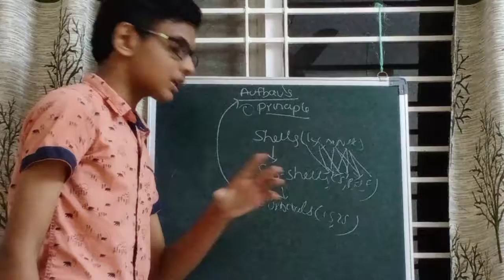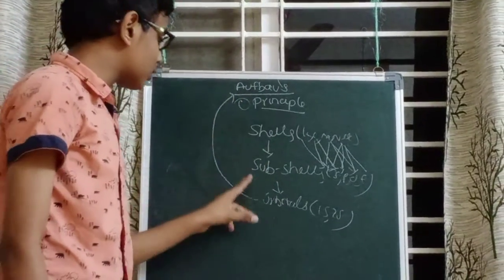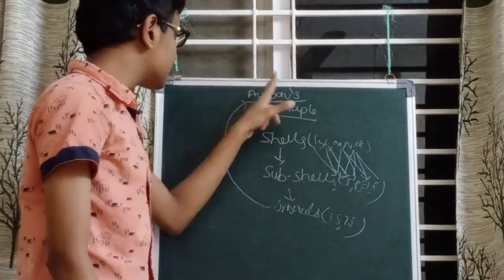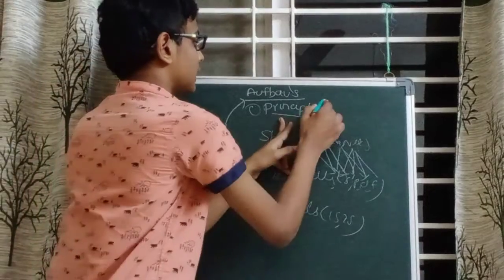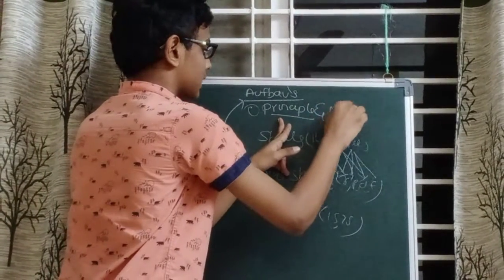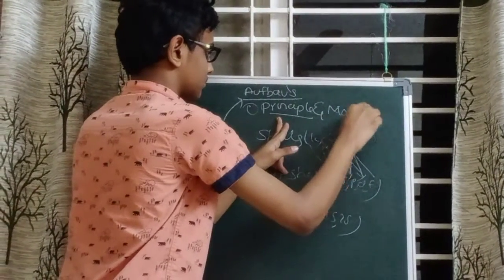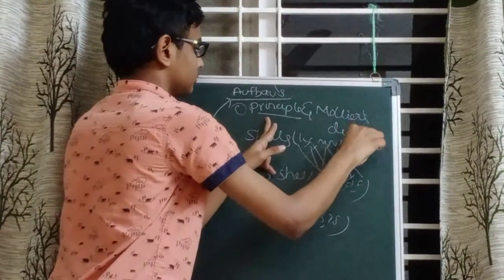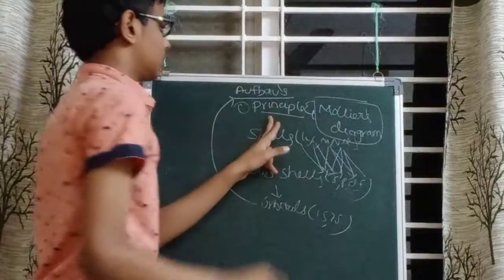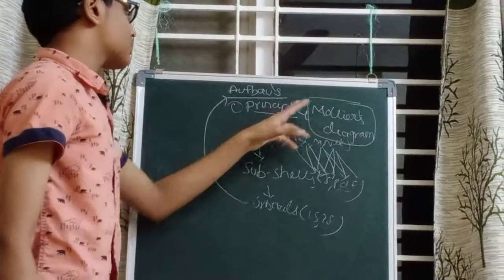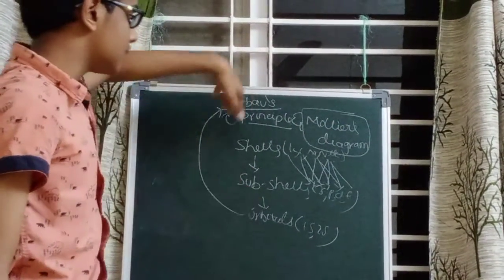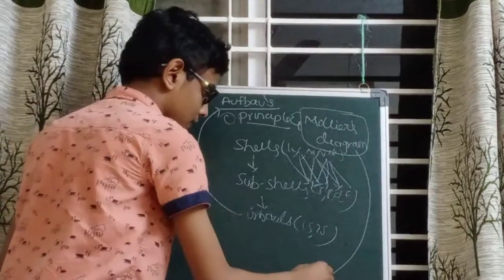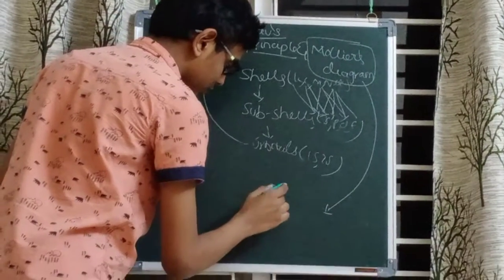These orbitals are required for writing the electronic configuration with the Aufbau principle and the help of the Euler's diagram. Orbitals, the Aufbau principle and Euler's diagram relate with each other and produce an excellent output, that is, the electronic configuration.